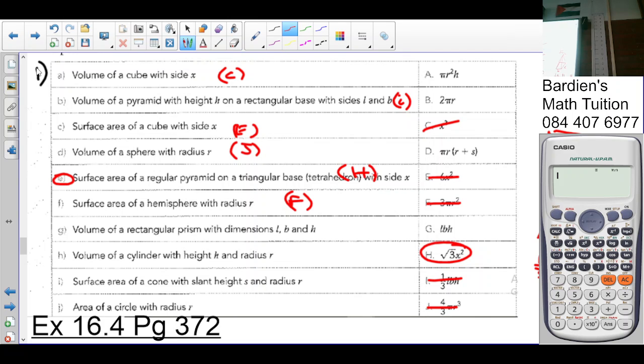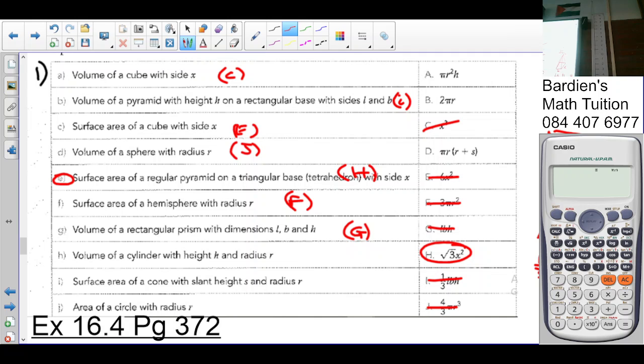G, the volume of a rectangular prism with dimensions L, B and H. So it's going to be length times breadth times height, L, B, H, which makes it G. Okay, the next one.